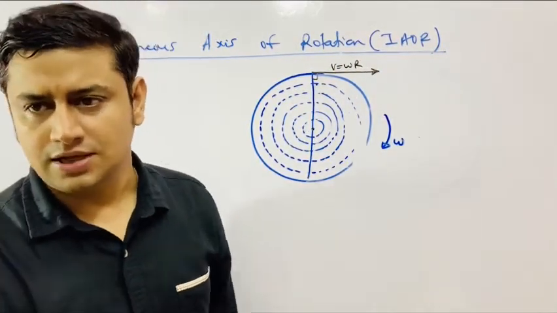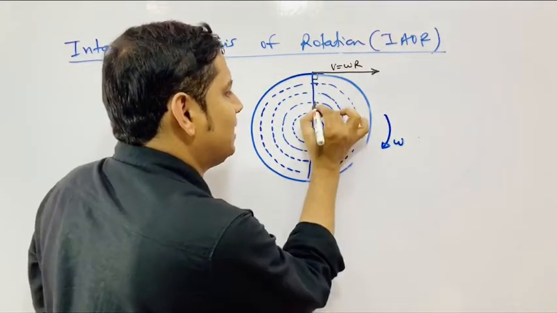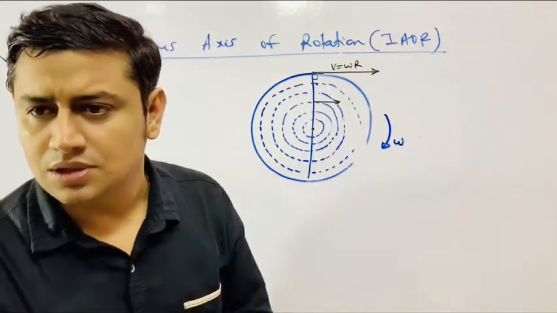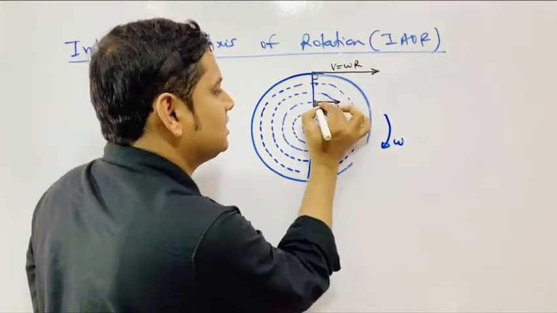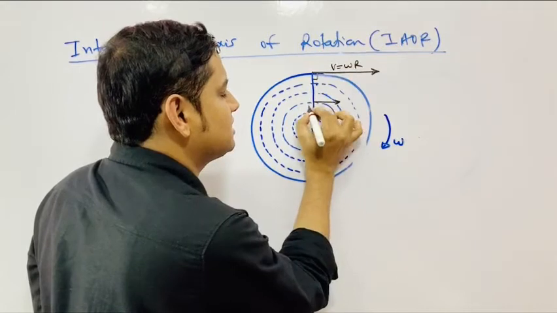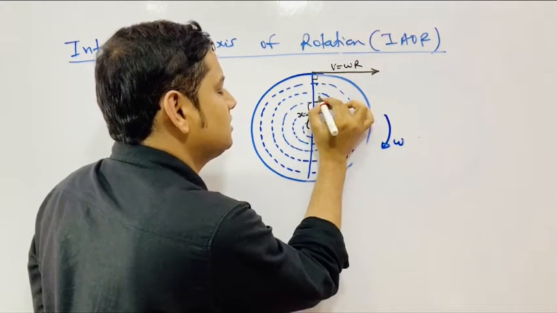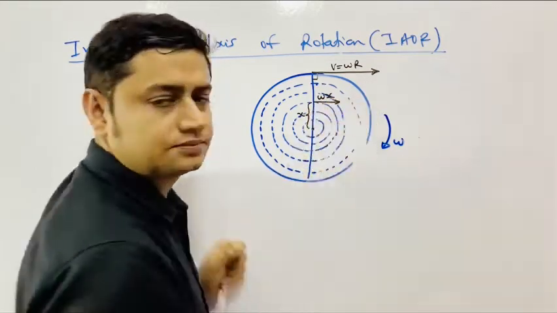On the same line, if I take a point here, this velocity would be slightly smaller. If this distance is x, then v is equal to omega into x.